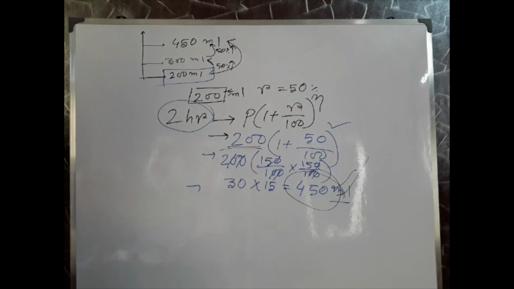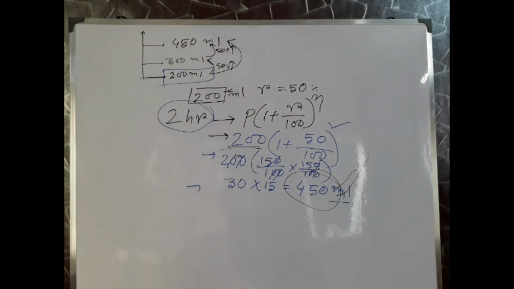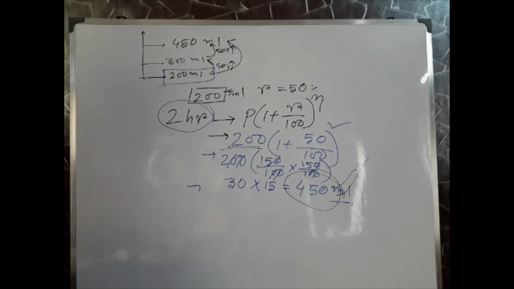The same thing happens when we are talking about depreciation. Suppose 450 milliliter are there. After 1 hour, think about it. After each 1 hour interval, the amount of water will decrease at 50% rate.